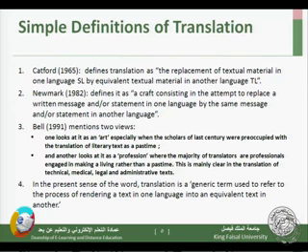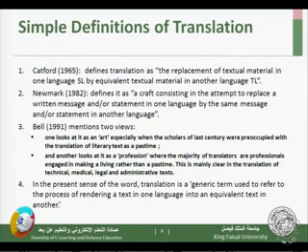Now, Catford is a well-known translator and a theorist of translation. He defines translation as the replacement of textual material in one language, SL, by equivalent textual material in another language, TL. SL means the source language, TL the target language.